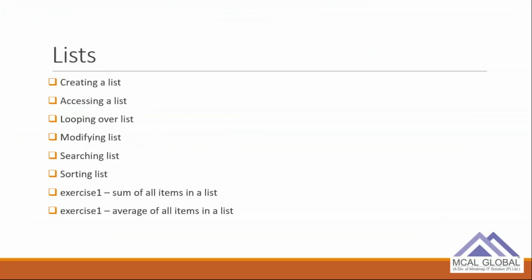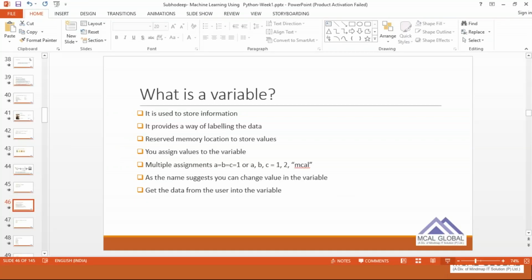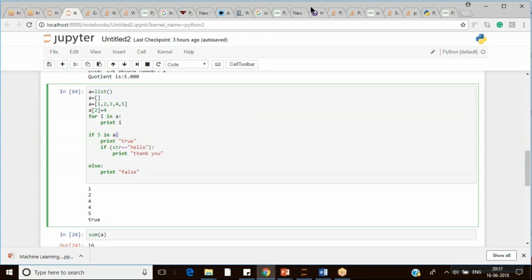Now, coming to sorting a list. It is surprisingly easy. Where did my Python go?